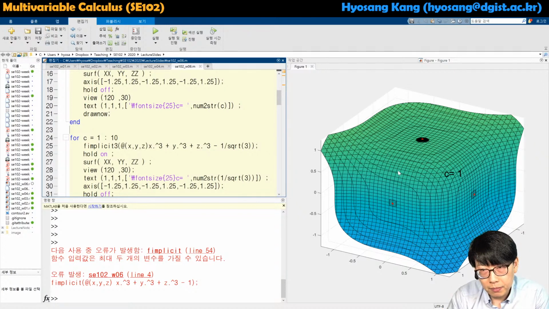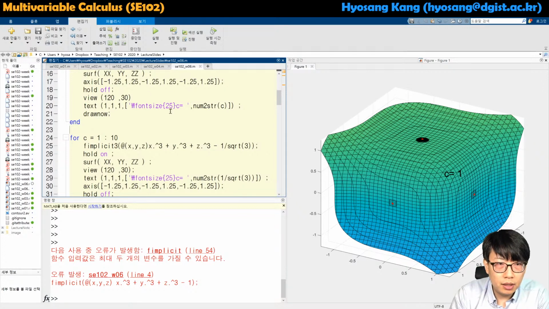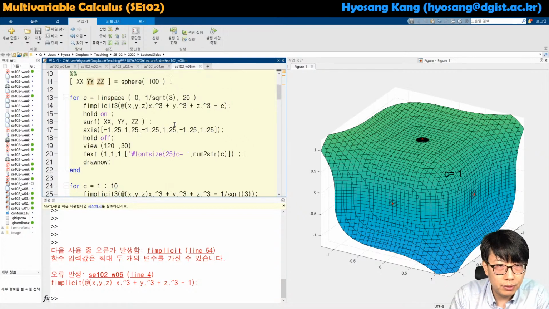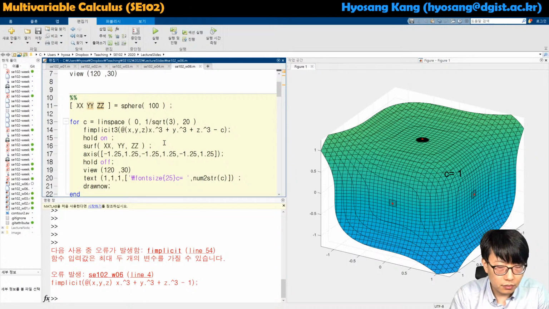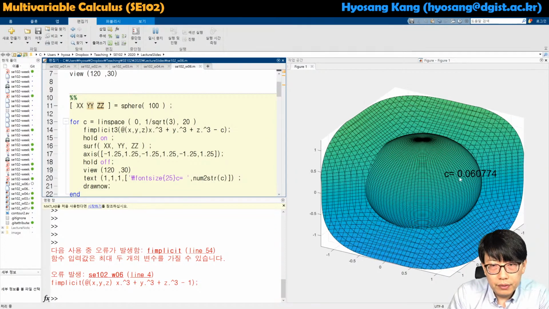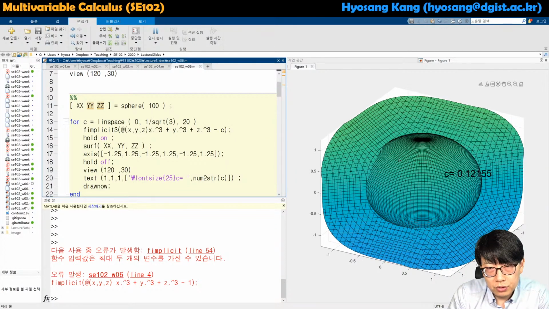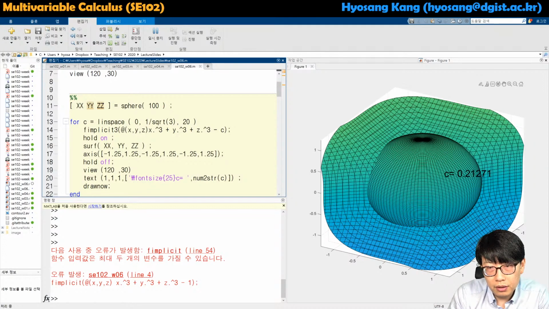What would be the minimum? Sorry, not the global minimum, what could be the local minimum? If you're looking at the beginning picture, this has no local minimum, right? This is not a local minimum.